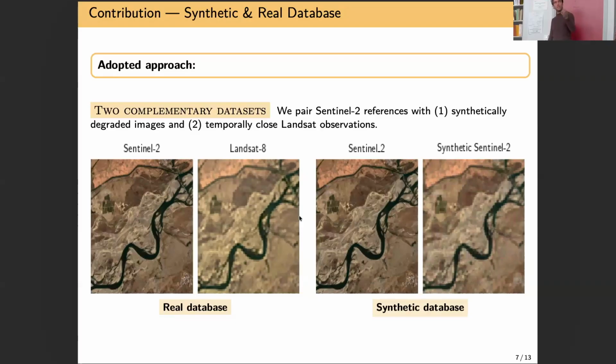In the synthetic database, the synthetic Sentinel-2 images were obtained based on the Landsat degradation. What I mean by that is that we take our high resolution image, we blur it, we downscale it, and we add noise, following the degradations that were present in Landsat, to create that synthetic Sentinel-2 image.